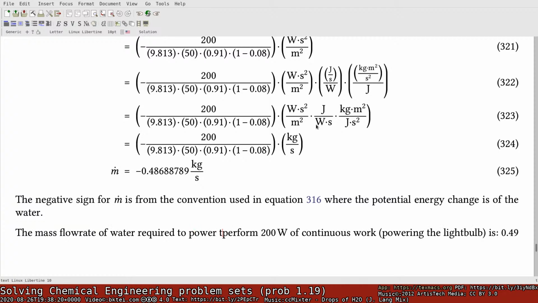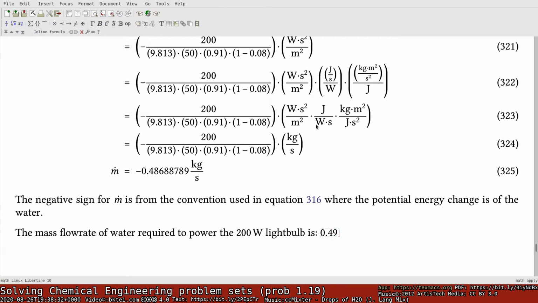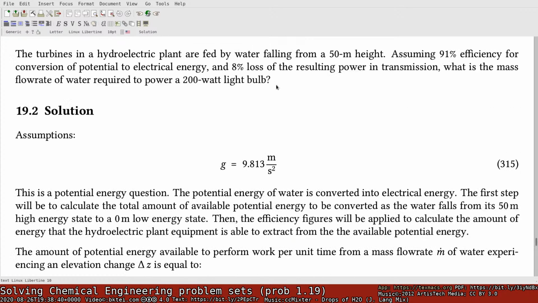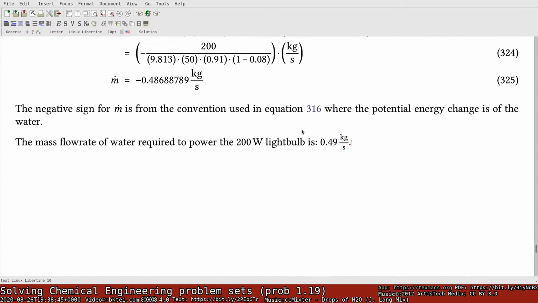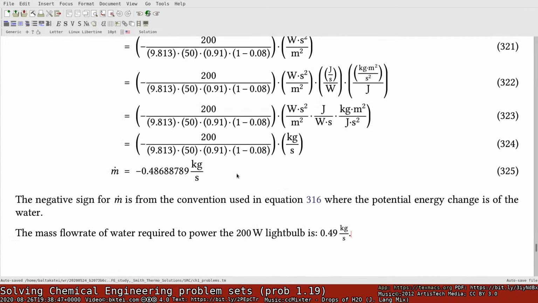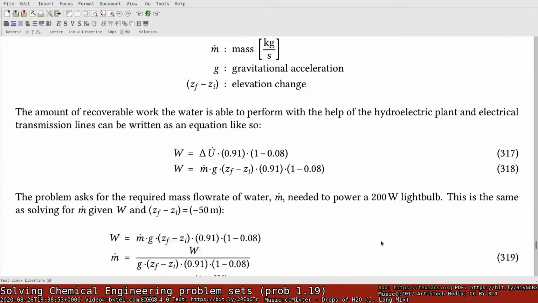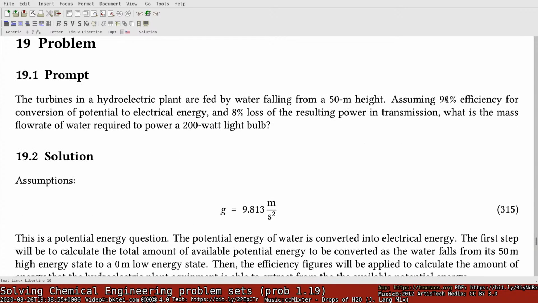The mass flow rate of water required to power the 200 watt light bulb is 0.49 kilogram per second. Did they ask for units? I guess that's a mass flow rate, and they asked for mass, so I am happy.